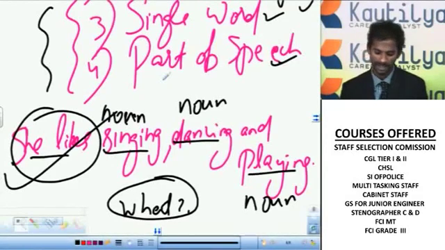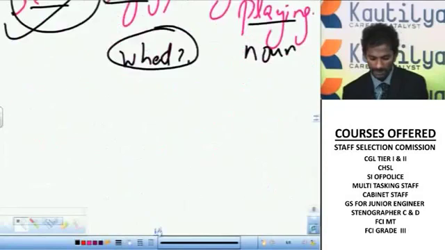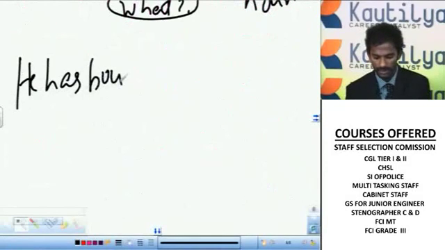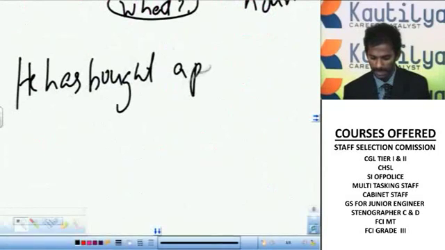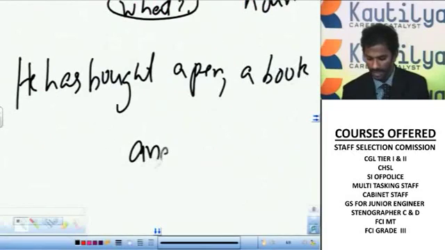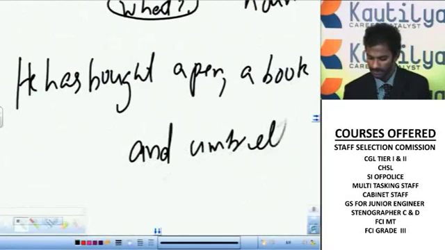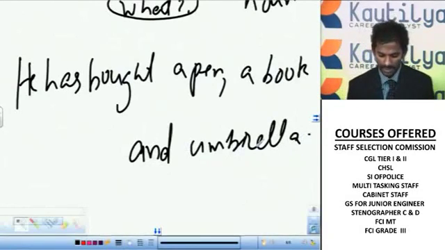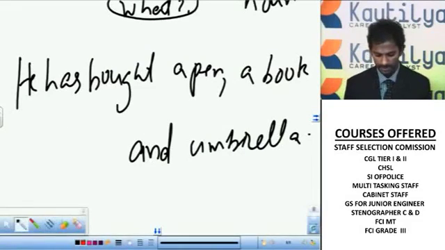Fine. Now I go for a sentence like, he has bought a pen, a book and umbrella. He has bought a pen, a book and umbrella. How many ideas are there in this sentence?